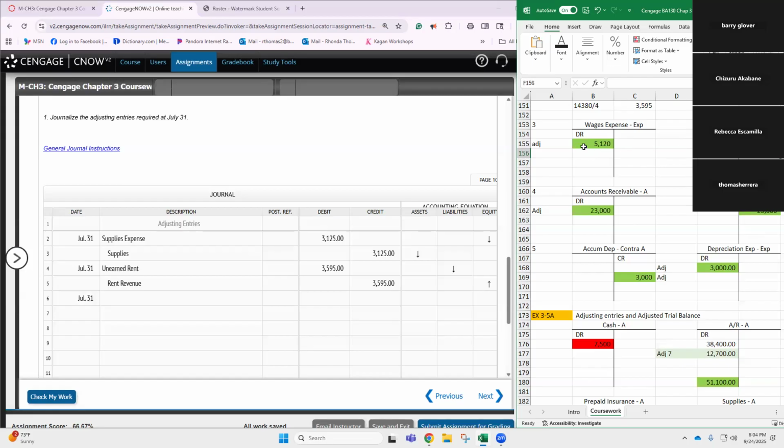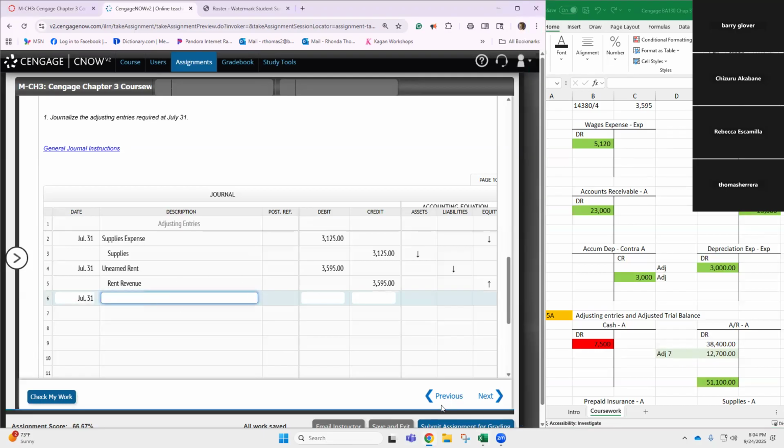So what is it we're doing? We're debiting wages expense for 51.20. We're crediting wages payable, a liability, for 51.20. Okay, so here we go. Wages expense of 51.20.